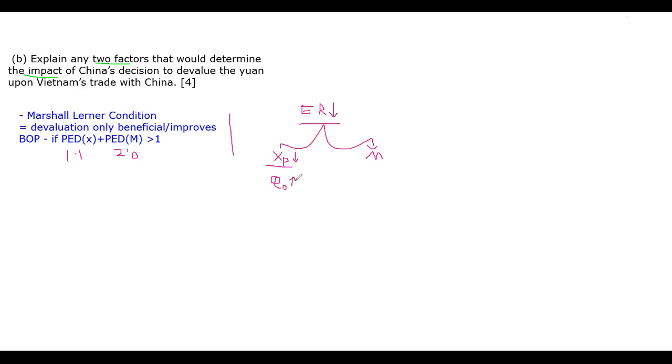How much it increases by depends on your elasticity. So if your exports are elastic, then even if export price falls by a small amount, the quantity would rise by such a large amount that, as we used to study in micro, total revenue is maximized.